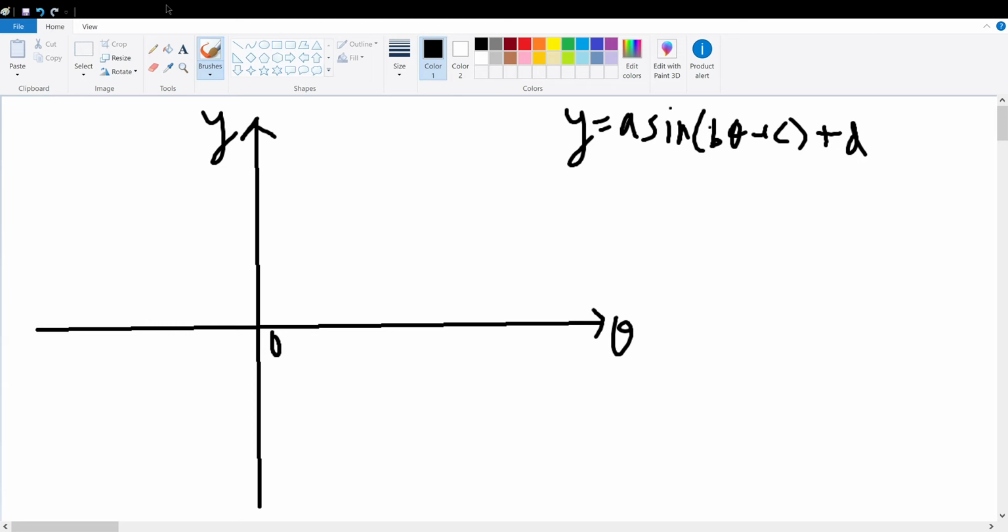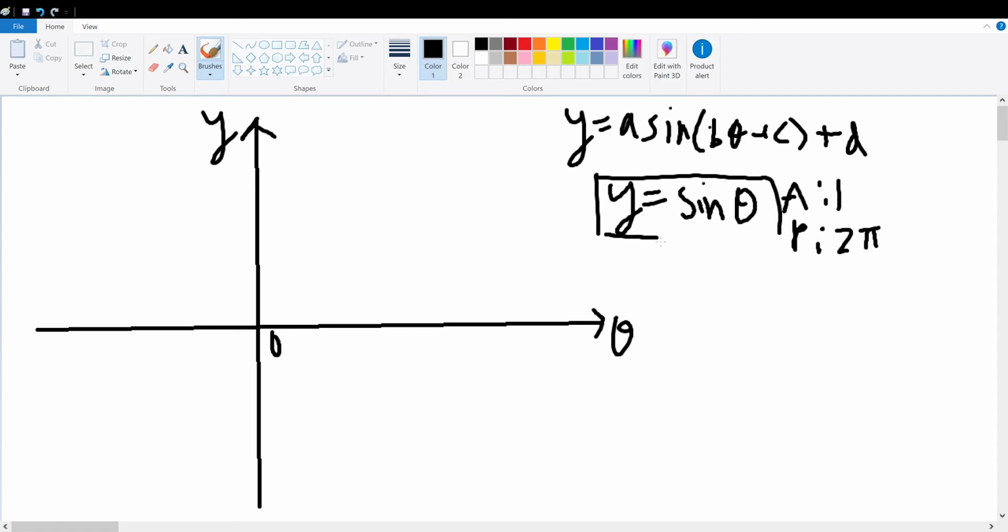So, from the previous video, which is kind of like a part 2 series, we examined the graph of y equals sine of theta, and we deduced that the amplitude and period of this graph are 1 and 2 pi respectively. But how are we supposed to apply this knowledge to this general formula?